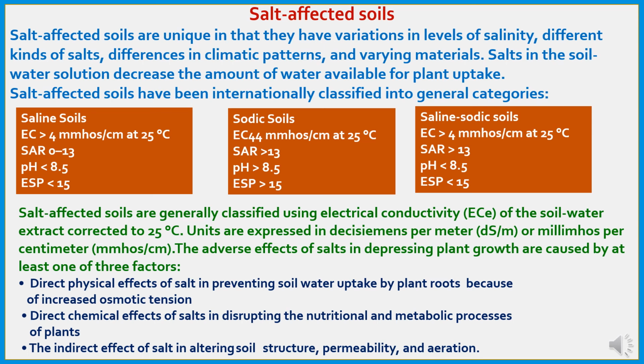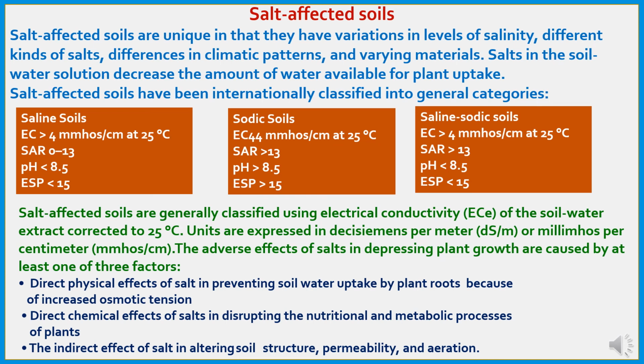While in case of sodic soils, the electrical conductivity is less than 4, the sodium adsorption ratio is more than 13, pH is more than 8.5 and exchangeable sodium percentage is more than 15. In case of saline sodic soils, the electrical conductivity is more than 4, sodium adsorption ratio is more than 13, pH is less than 8.5 and exchangeable sodium percentage is more than 15.